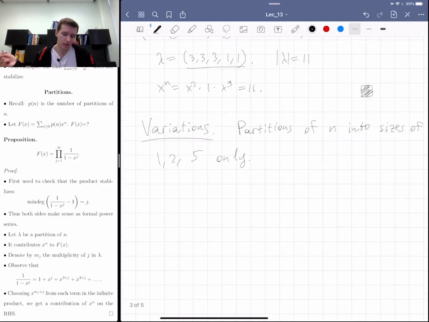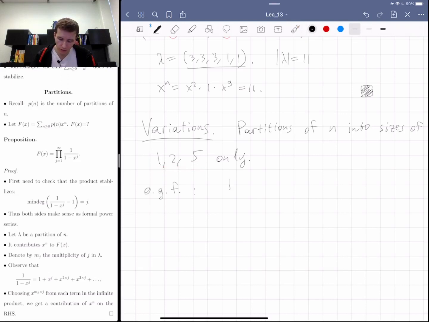Previously we studied general partitions, but we don't know how to do 1, 2, and 5 only. But for generating functions, the ordinary generating function is going to be equal to this infinite product. The infinite product allows you to take all parts, but if you're only allowed to take 1, 2, and 5, then you just take the product over those.